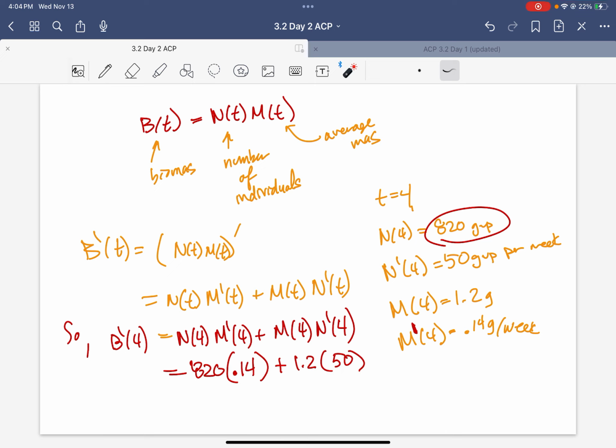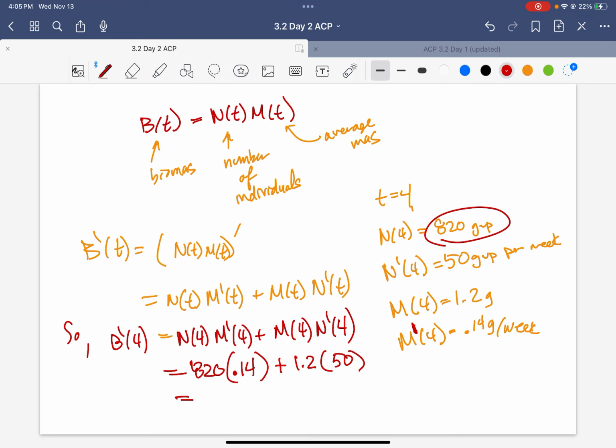So how does the change in biomass come out? As you change the mass, this is going to account for the change in mass. So we have this many, but the mass changed like this, and this is going to account for the change in number. We changed in number this much, but this is the average mass.